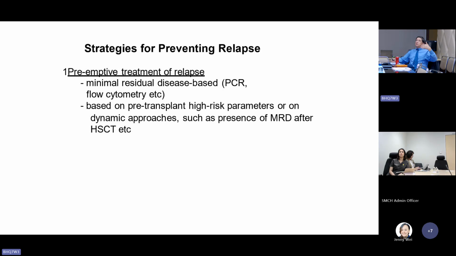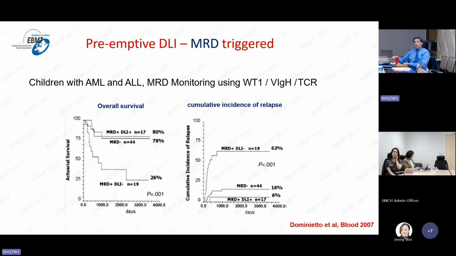What they're saying is, if we have a good tool and a good test, we could actually intervene post-transplant based on preemptive treatment. If we see something that we knew ahead of time and it starts to show up, let's preemptively intervene. This was a study looking at preemptive donor leukocytes following WT1 as a mutation.